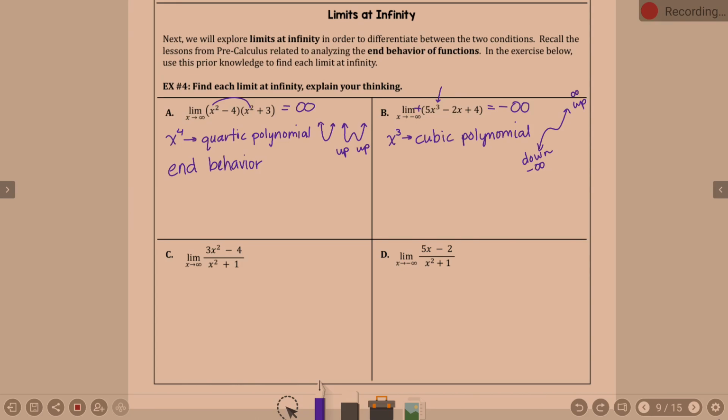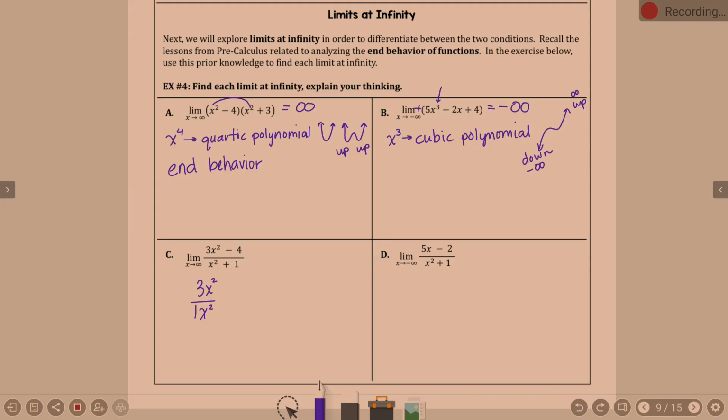If the bigger power is on top, there's no horizontal asymptote, it's usually a slant asymptote. If the biggest powers match, which in this case are the 3x squared and the 1x squared, then there's a horizontal asymptote that is the coefficients. And so with that in mind, your horizontal asymptote is going to be 3 over 1, or 3.